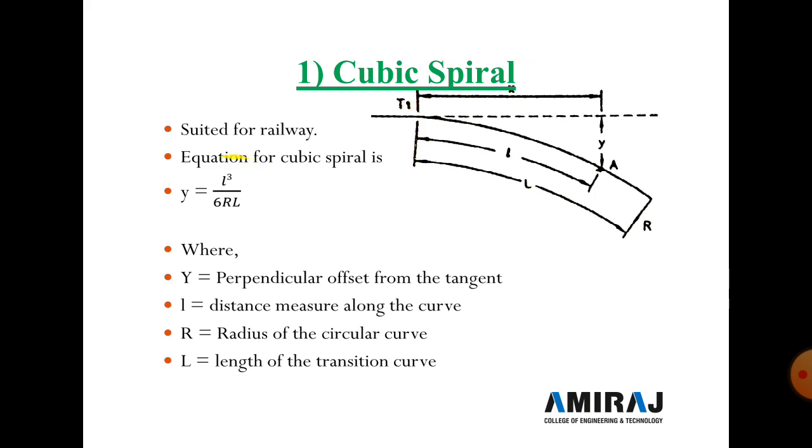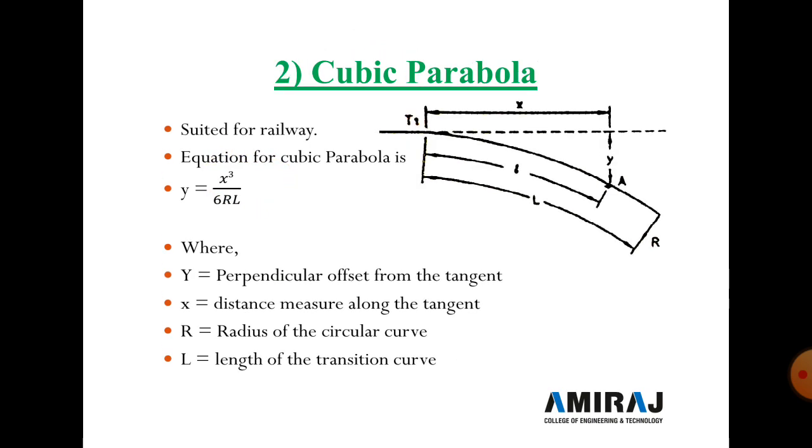In a cubic spiral, l cubed divided by 6RL is given, but in a cubic parabola, x cubed divided by 6RL. So in a spiral we take l cubed, and in a cubic parabola we take the x value, x cubed divided by 6RL.